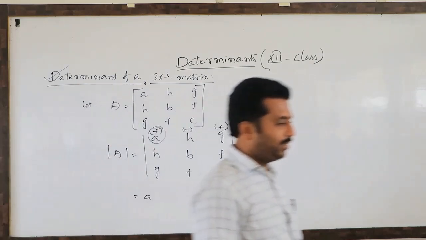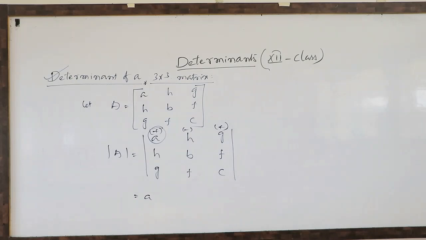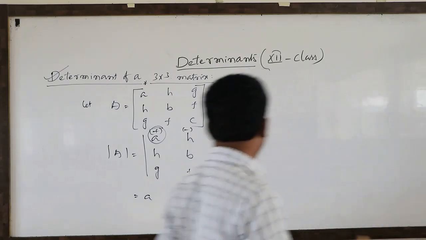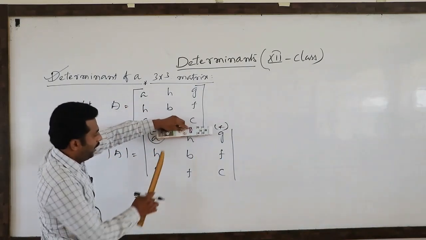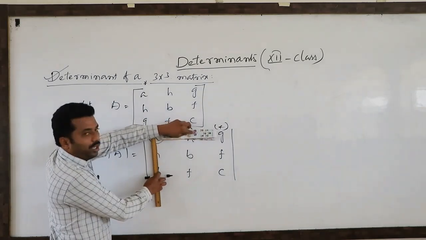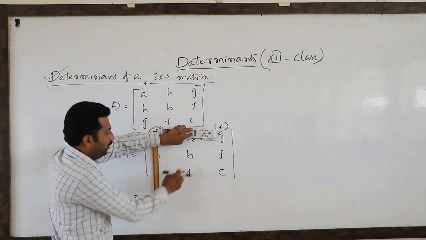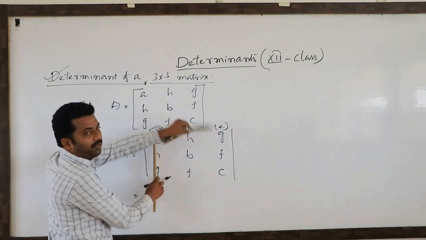I closed the corresponding row and column. Now what is left? Only these 4 elements are the determinant.